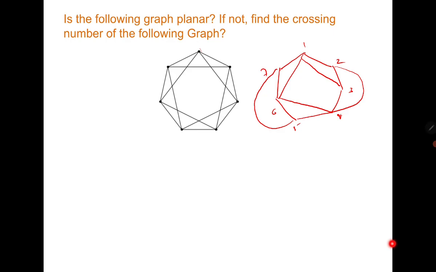So 2 and 7 need to be adjacent, so we can make them adjacent, and after that 3, 6 and 3, 5 need to be adjacent. When you make 3, 5 adjacent, then there comes a crossing, and it means that to draw this graph, if it is non-planar, then at least one crossing is required. Of course, we have not proved that it is non-planar, that you can do by yourself, but the crossing number comes out to be 1.